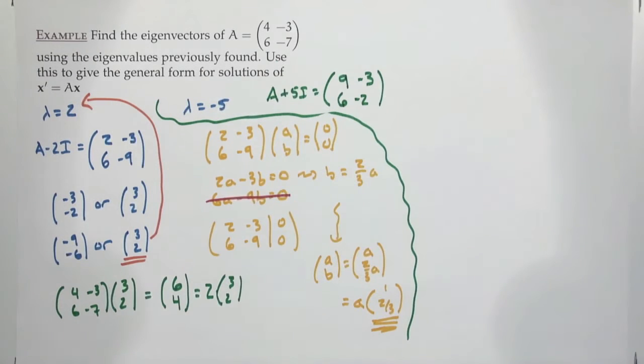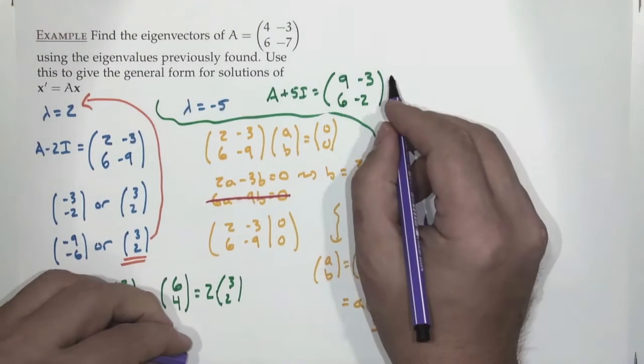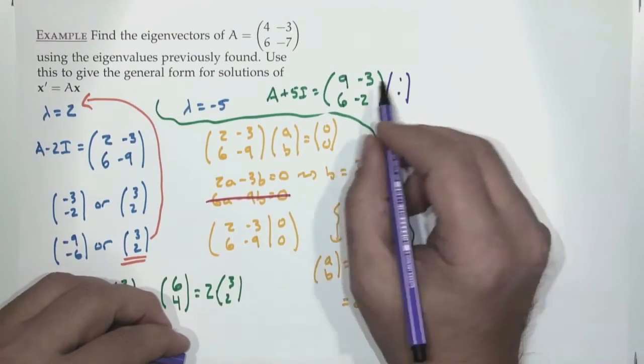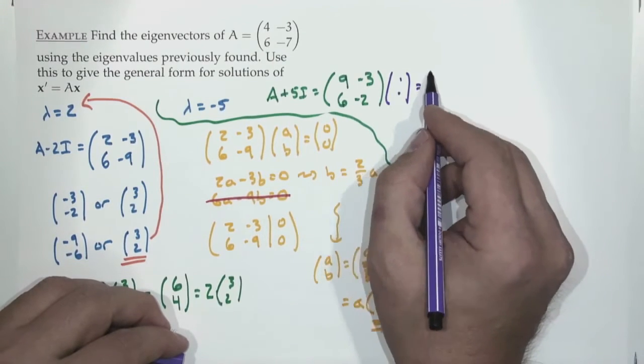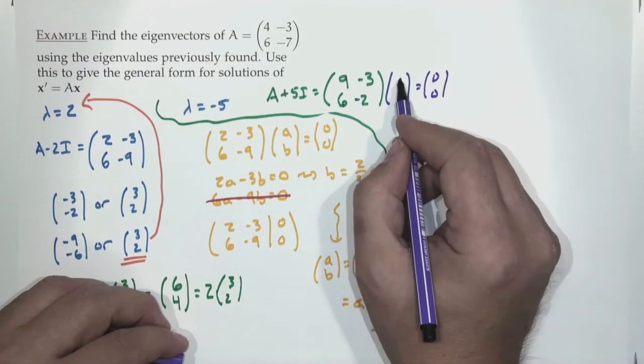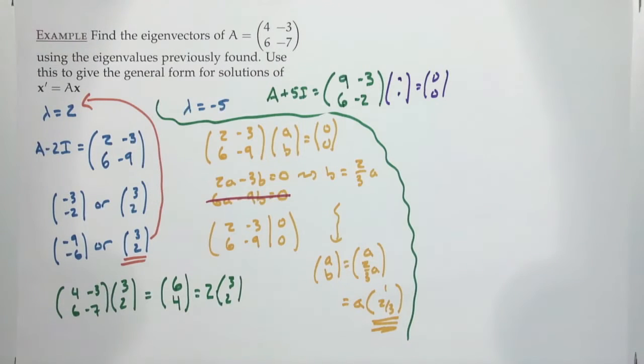Okay, so now we're looking at it. Now in the back of your mind, you can think, I need some vector so that when I multiply here, I get (0, 0). Right? This is sort of in the back of your mind. Can you spot the vector that does that? Can you see a vector that does that?